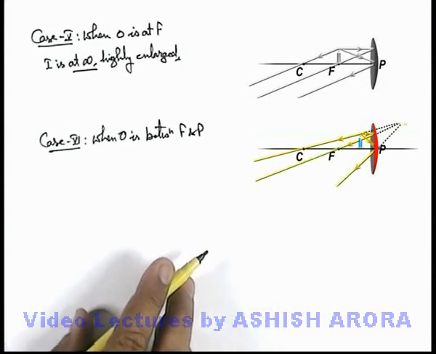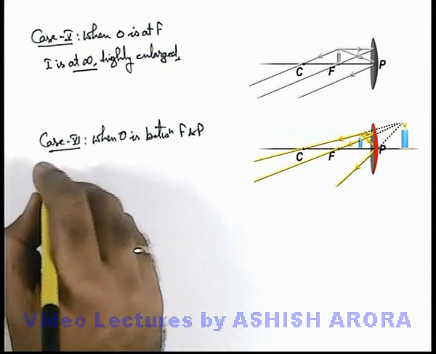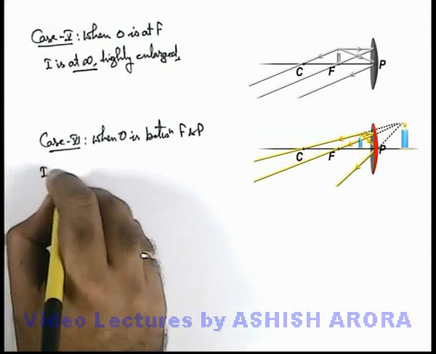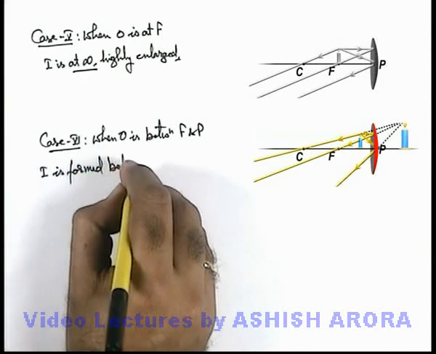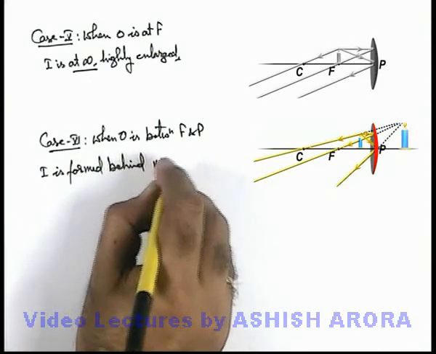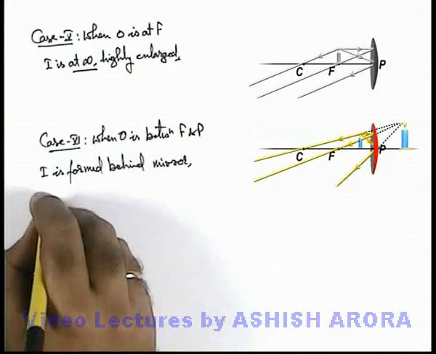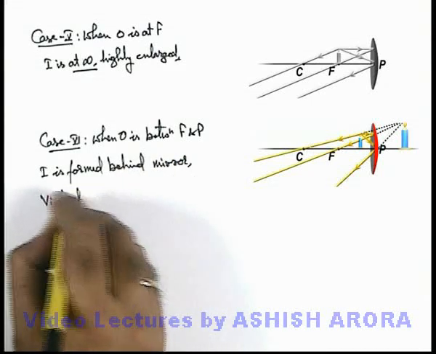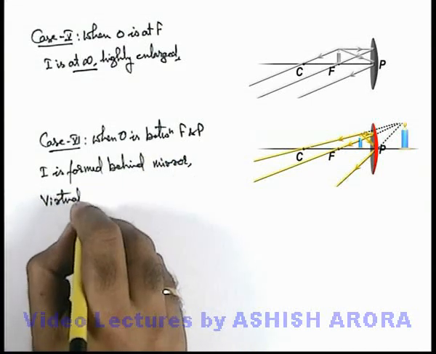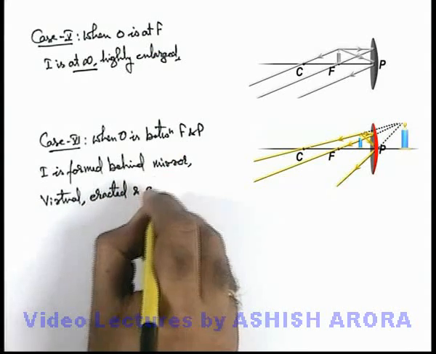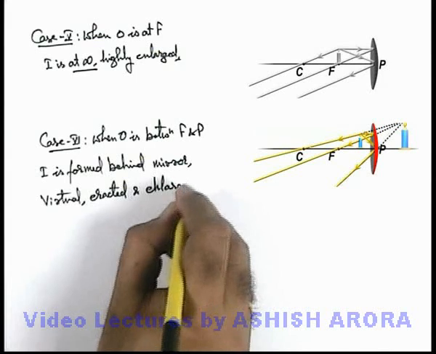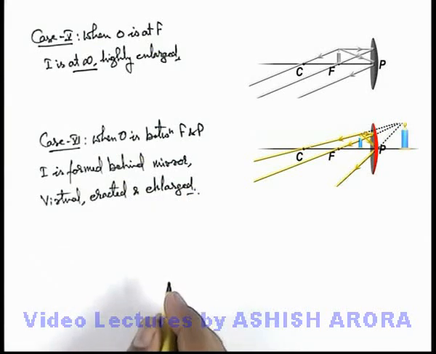So these will produce an image behind the mirror. So in this situation the image is formed behind the mirror, and here we can write that it is virtual because the reflected rays are diverging, and it is erect and enlarged. By similarity you can easily find out the size also.